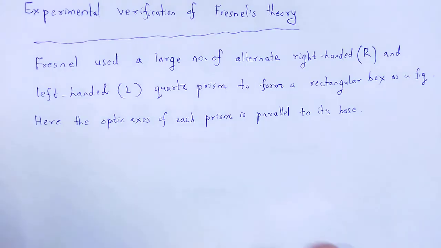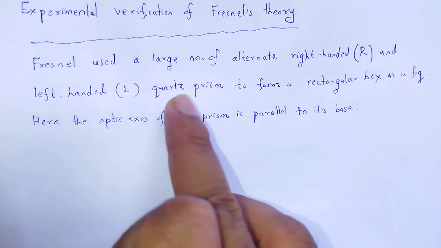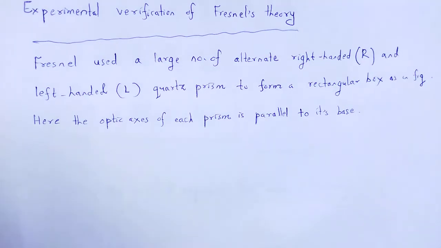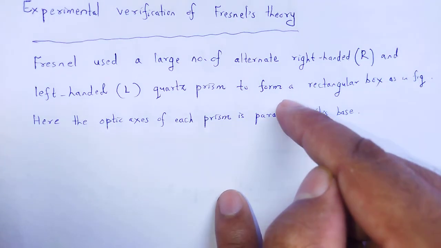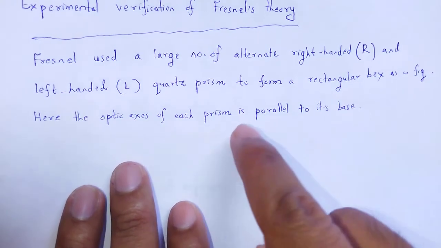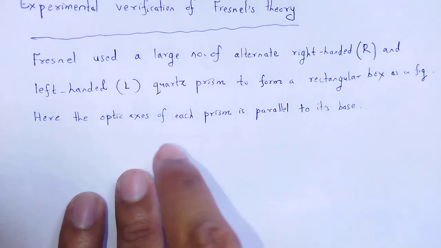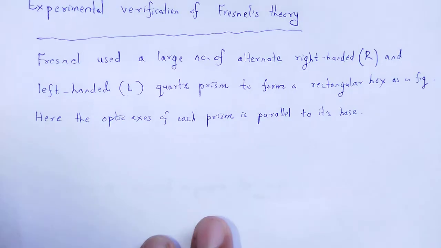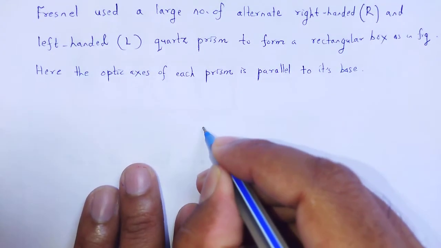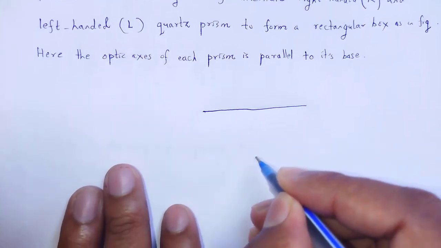Fresnel used a large number of alternate right-handed and left-handed quartz prisms. Quartz is an optically active material, and the prisms are made of quartz crystal, and these prisms form a rectangular box, arranged in such a way that the optic axis of each prism is parallel to its base. So how do we arrange?